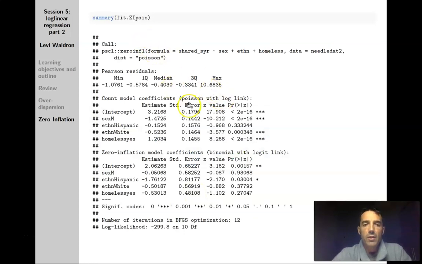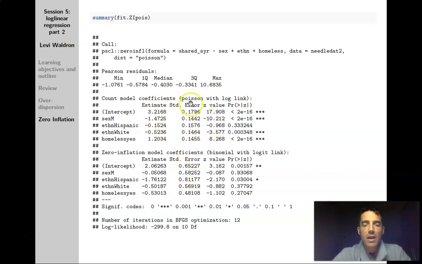Looking at the summary of this object, we see a bunch of familiar things here. This set of count model coefficients looks familiar, except now we have some much more statistically significant results in it for sex and homelessness. But we have a whole second table of coefficients here for this zero inflation model coefficients. So you can see we've actually fit two separate models here on the same data.